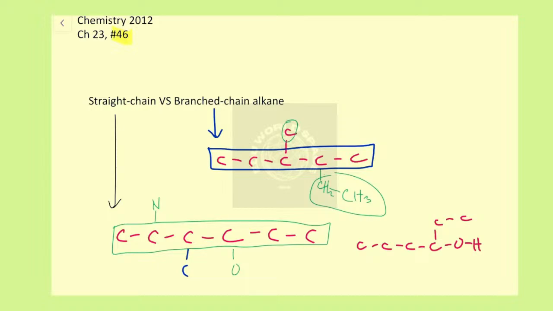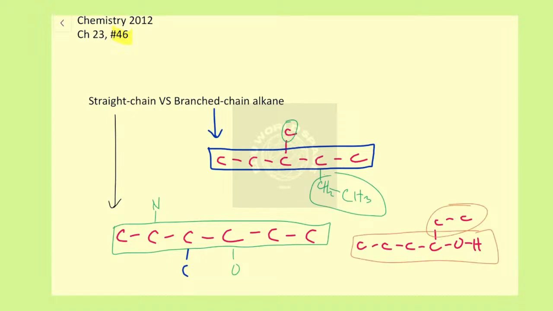That would just be an example I came up with. So now, is this a branched chain alkane? Is this going to be your main chain, and is that going to be your branching group? And the answer is no.